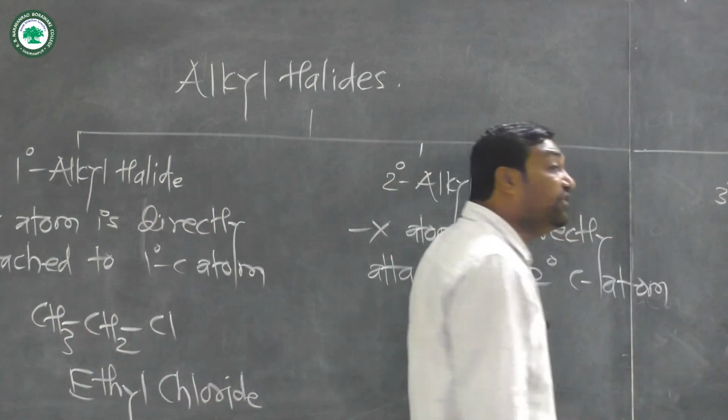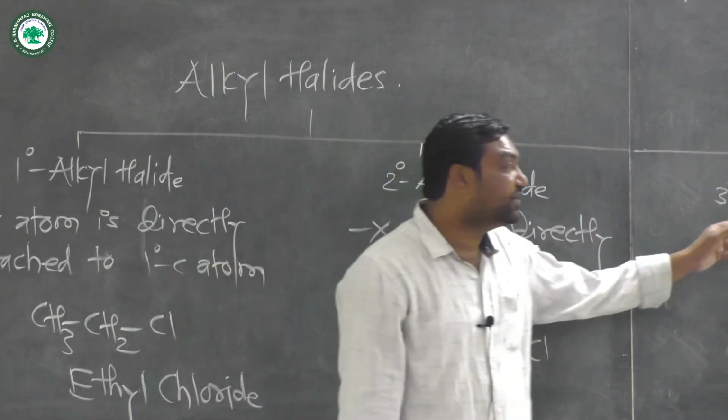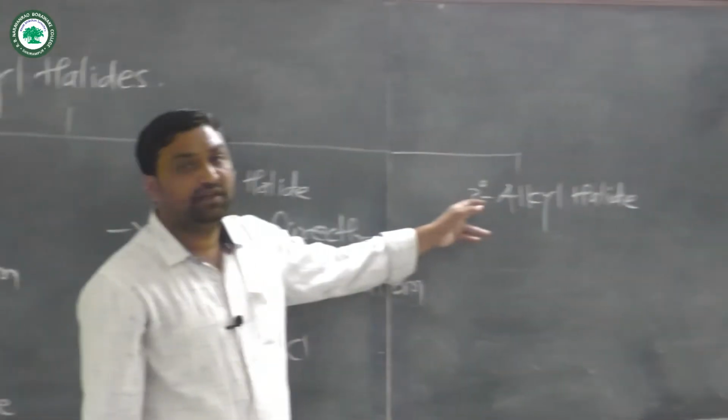Likewise, if a halogen atom is directly attached to a tertiary carbon atom, then that alkyl halide is called a tertiary alkyl halide.